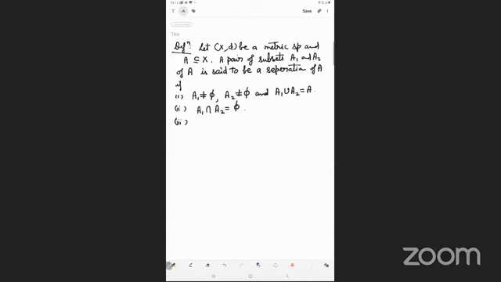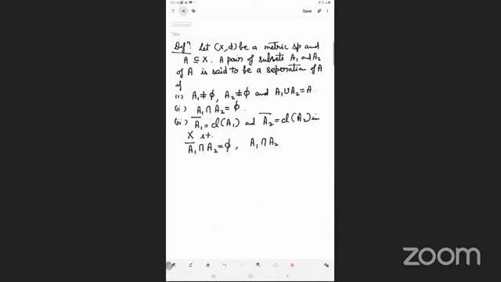Number three: A1 closure, that is the closure of A1, and A2 bar, that is the closure of A2 in X, should be such that A1 closure intersection A2 is phi, and A1 intersection A2 closure is equal to phi.